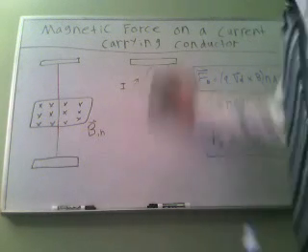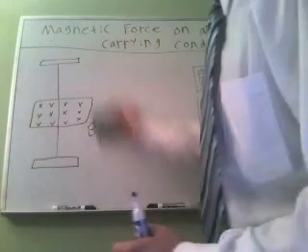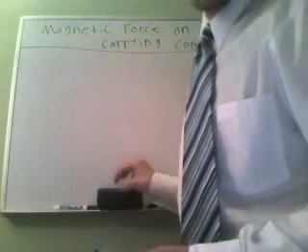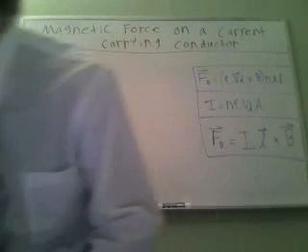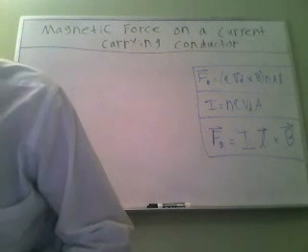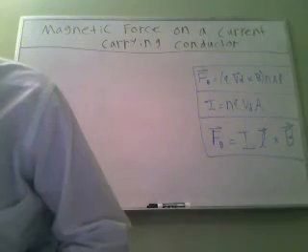So I'm going to erase this now and show you guys the equations for slightly more complicated shapes of wires. And these equations, there isn't a huge difference in these here actually. They're quite simple.